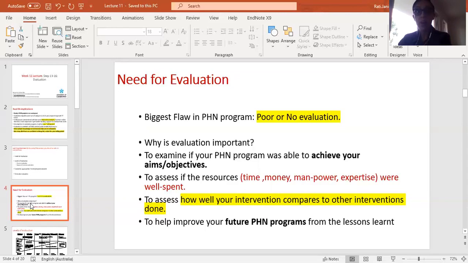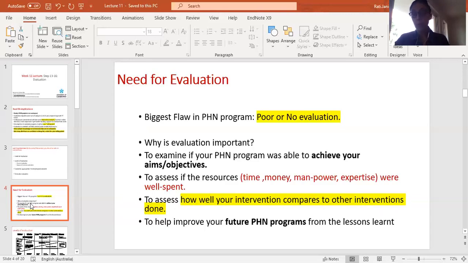There are different ways to do evaluation, as I said, and we'll be going through that very soon. Basically, doing an evaluation helps you to compare whether your intervention has been successful in comparison to other interventions of a similar type.